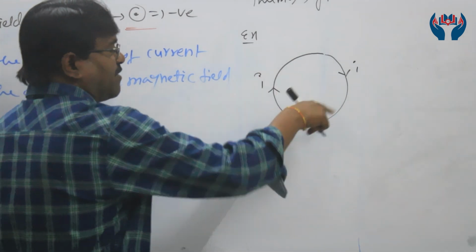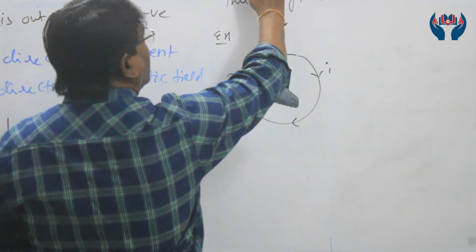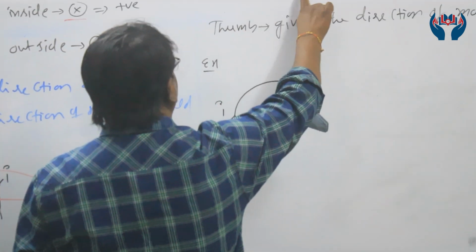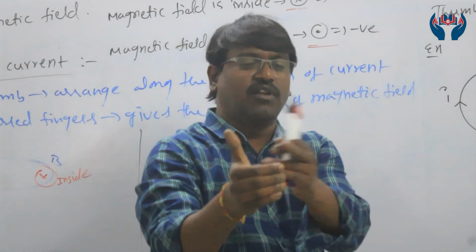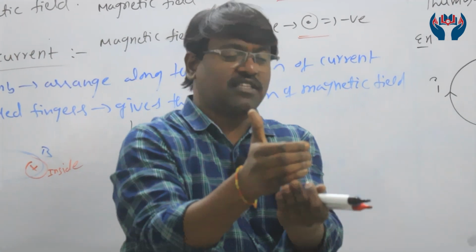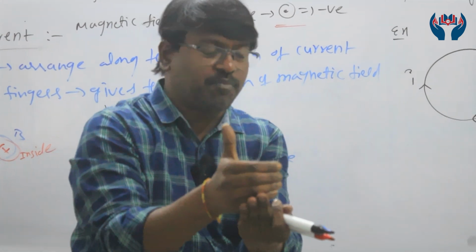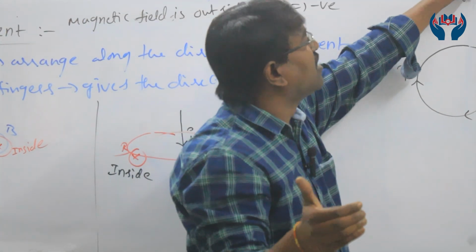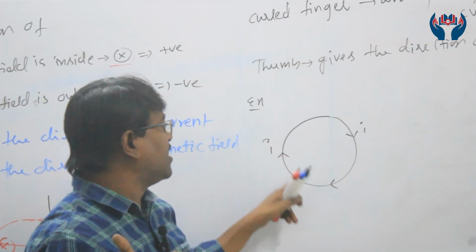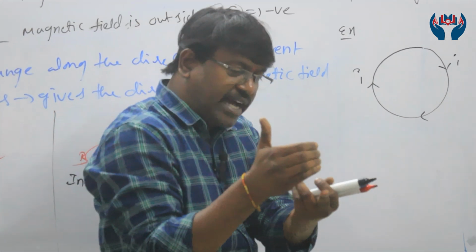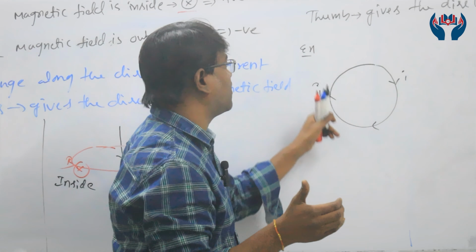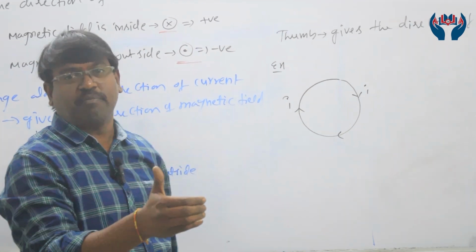In case of circular currents, we arrange the curled fingers along the circular path, which is the current direction. Then the thumb is the direction of the magnetic field.